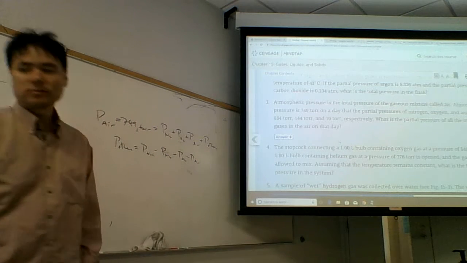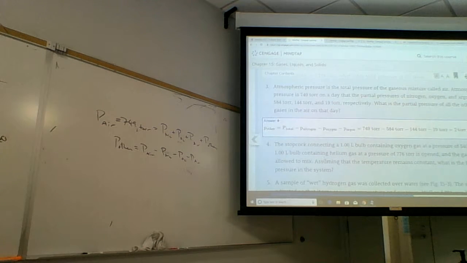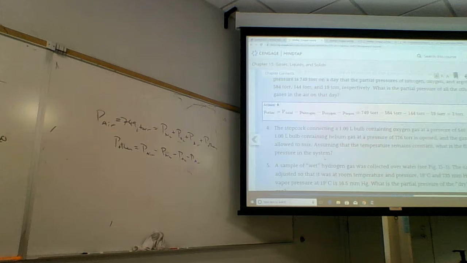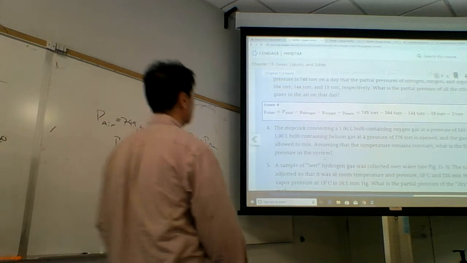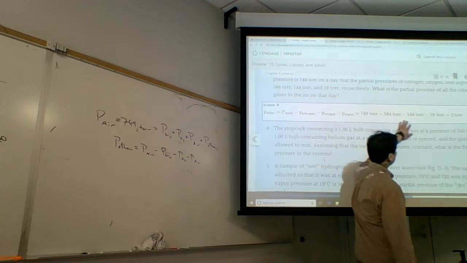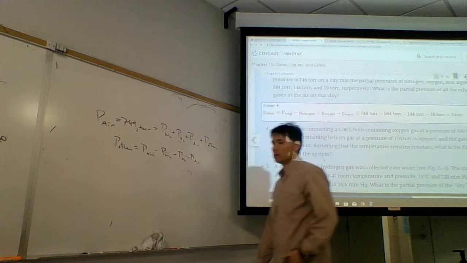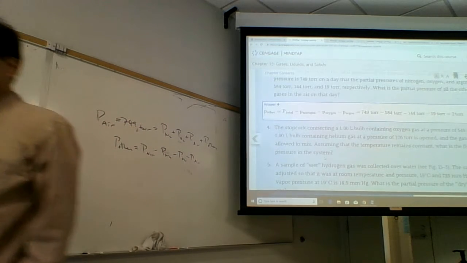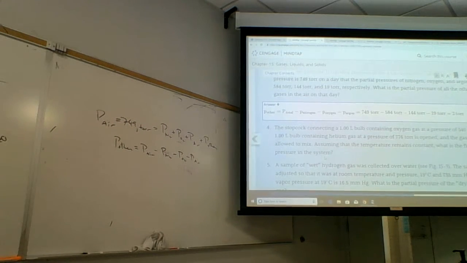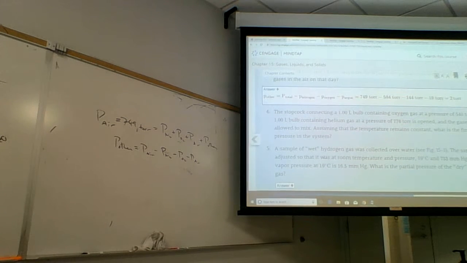We just subtract those. So the pressure of the other gases is the total minus the nitrogen, oxygen, and argon. That gives us 2 torr worth of other gases that are present. Again, another Dalton's mixture.